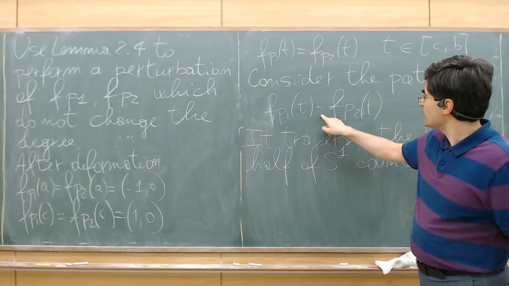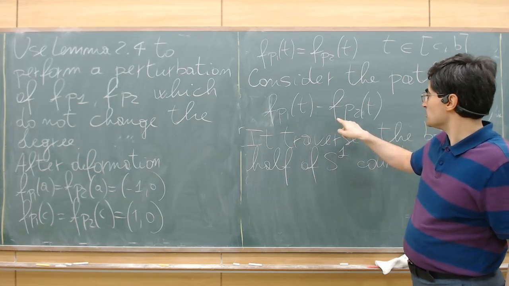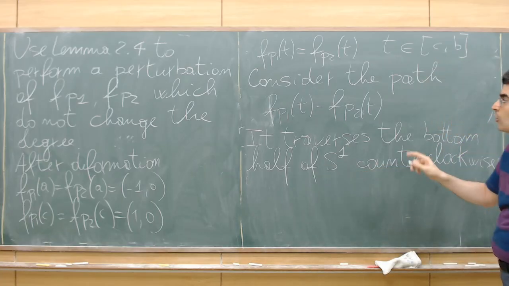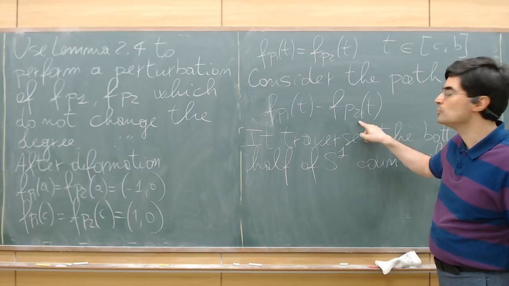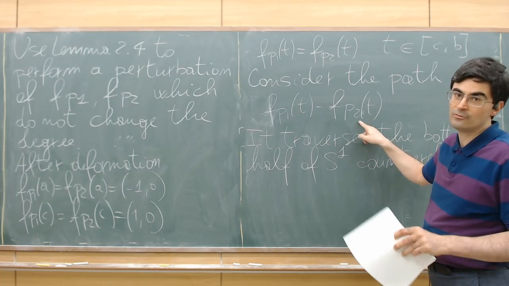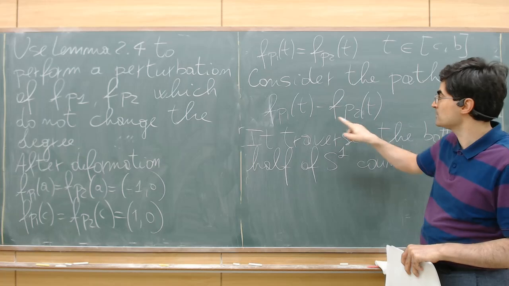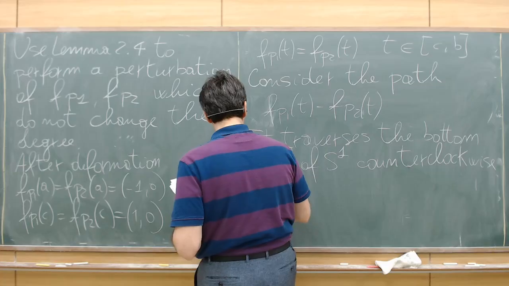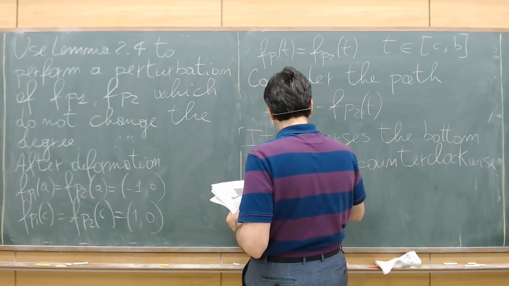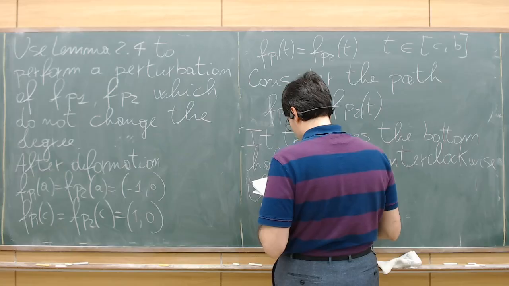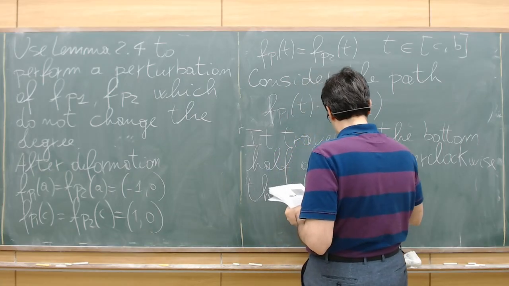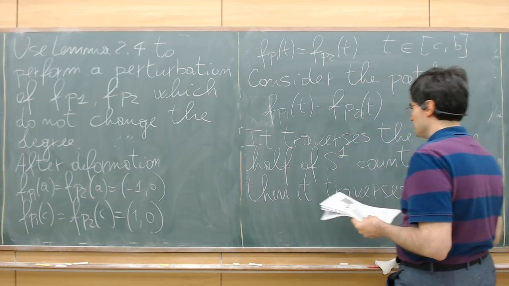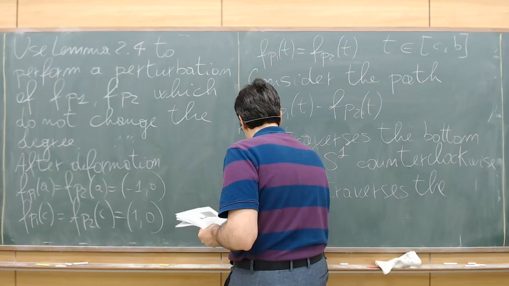Then it traverses the top half of S1 counterclockwise. Why? Because fp2 traces the top half of S1 clockwise, but here there is a minus sign in front of it.